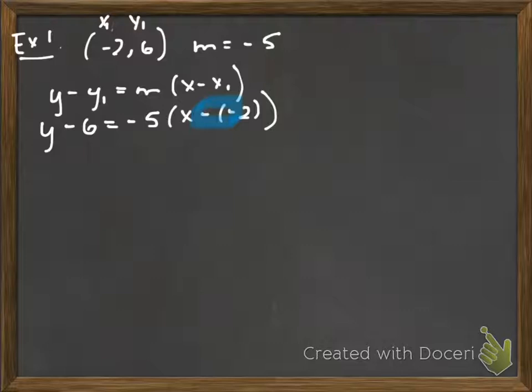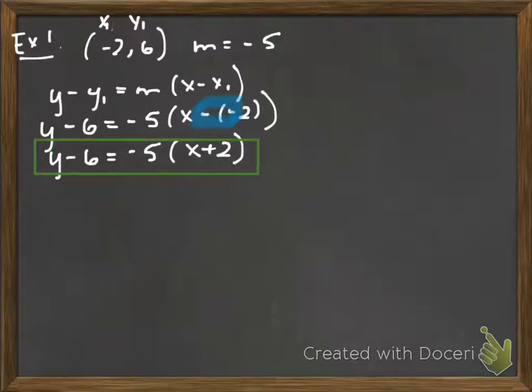So if you do every single step like I'm showing you here, immediately rewrite this as y minus 6 equals -5 times x plus 2. Do not keep double signage. It's only going to mess you up when the problems get longer. So that's point-slope form right here. The first part of this question is to answer in point-slope form. There it is. That's point-slope form.